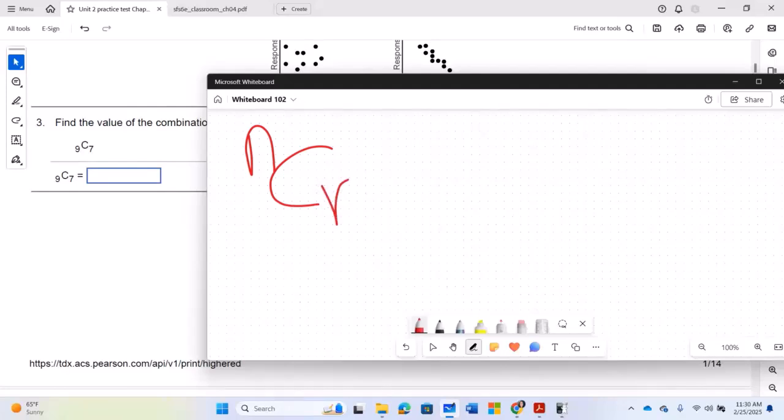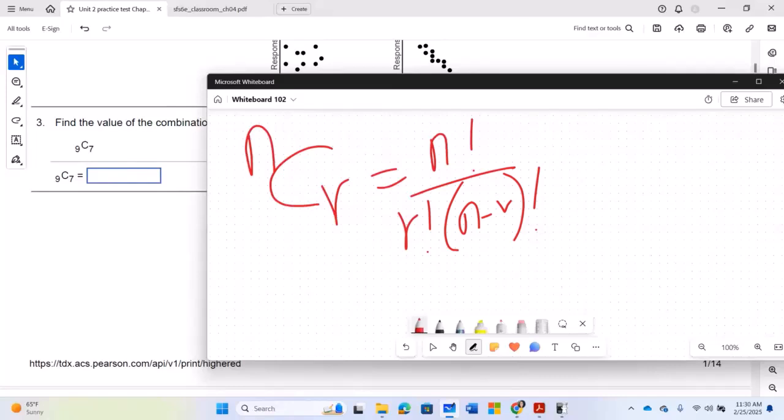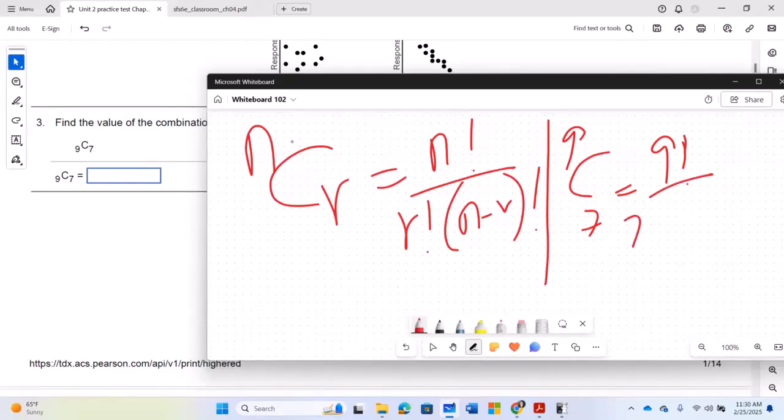Combination R is N choose R. The formula is N factorial all over R factorial times (N minus R) factorial. In this case, we are given 9 combination 7, so we write 9 factorial over 7 factorial times (9 minus 7) factorial.